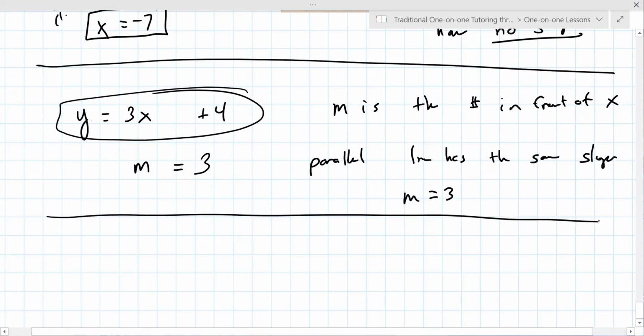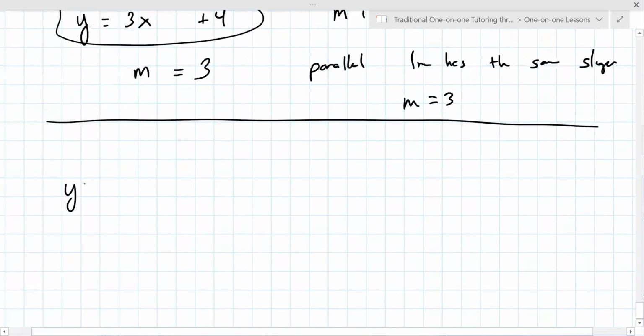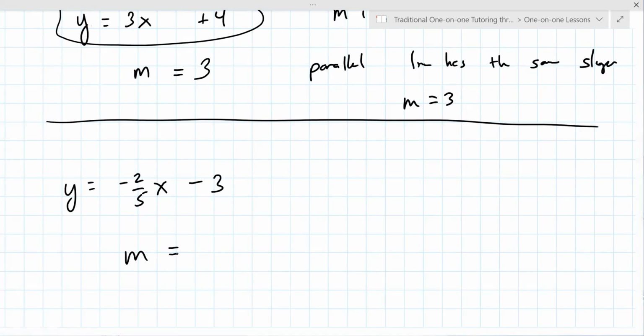Let's do another example. Let's say it's y equals -2/5 x minus 3. What is the slope? The slope is the number in front of x. What is the number in front of x?